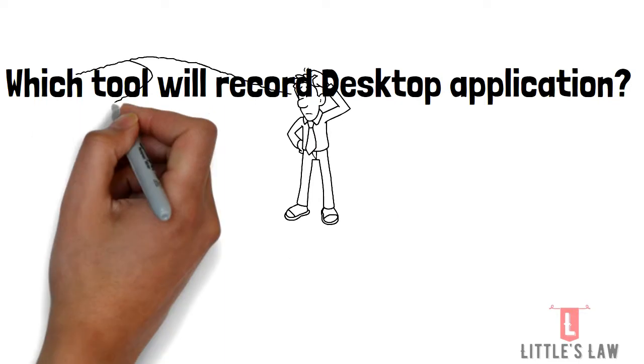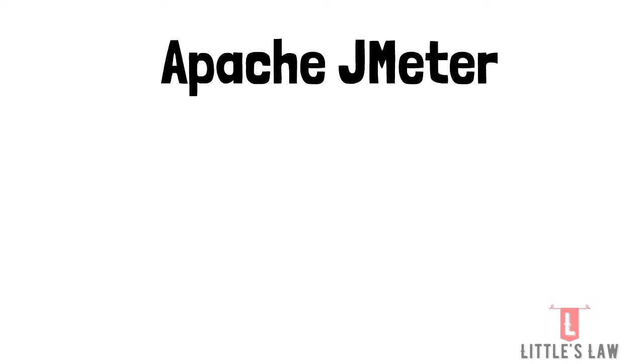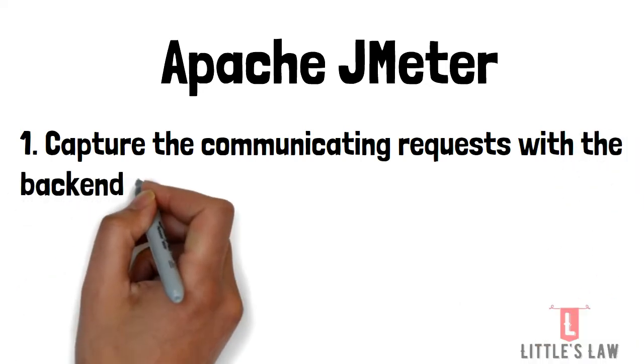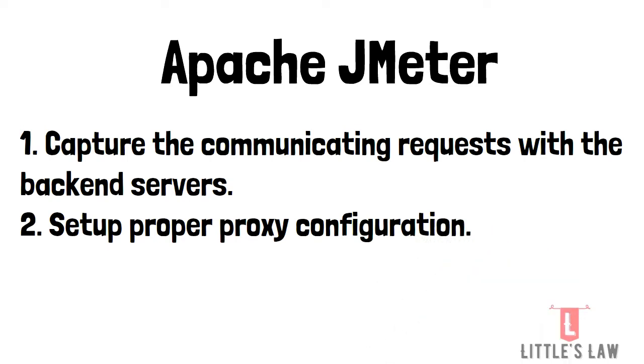For that, we have to record the scenario, because JMeter comes with the HTTP(S) proxy server, which captures the requests between the web browser or mobile device and the backend and converts them into HTTP request samplers. So what about the desktop application? If the desktop application uses HTTP or HTTPS protocols for communicating with the backend server, we should be able to record the requests with JMeter and replay them with an increased number of virtual users.